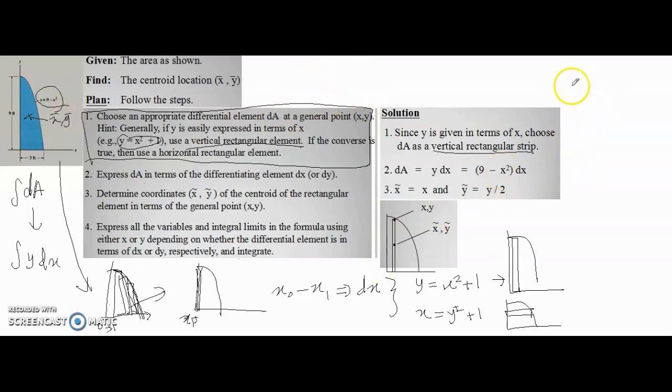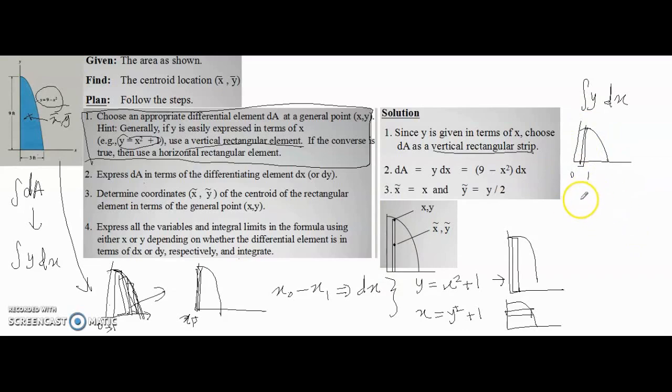If you integrate the function y dx, it means you are using the changing of x. So this is a vertical rectangle element, because it is changing of x from 0 to 1.